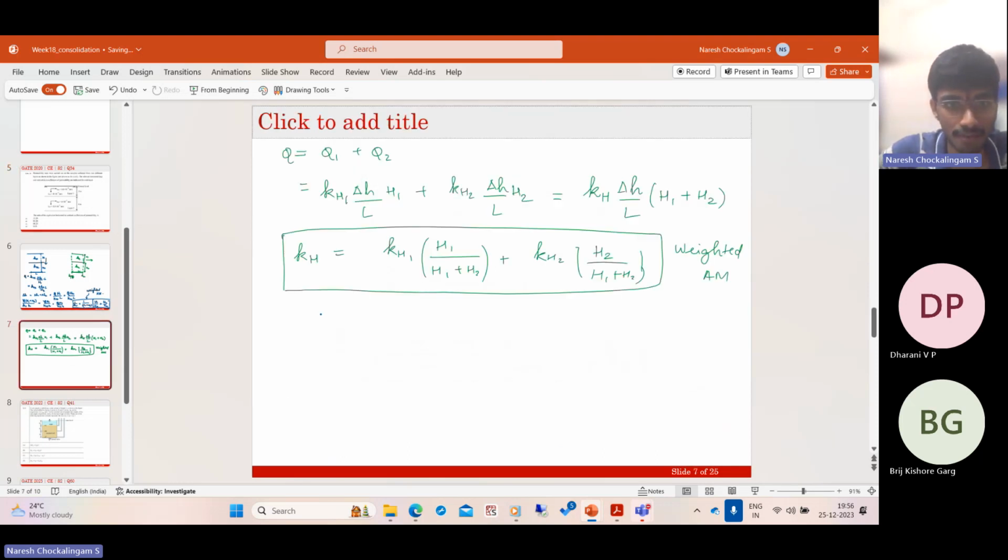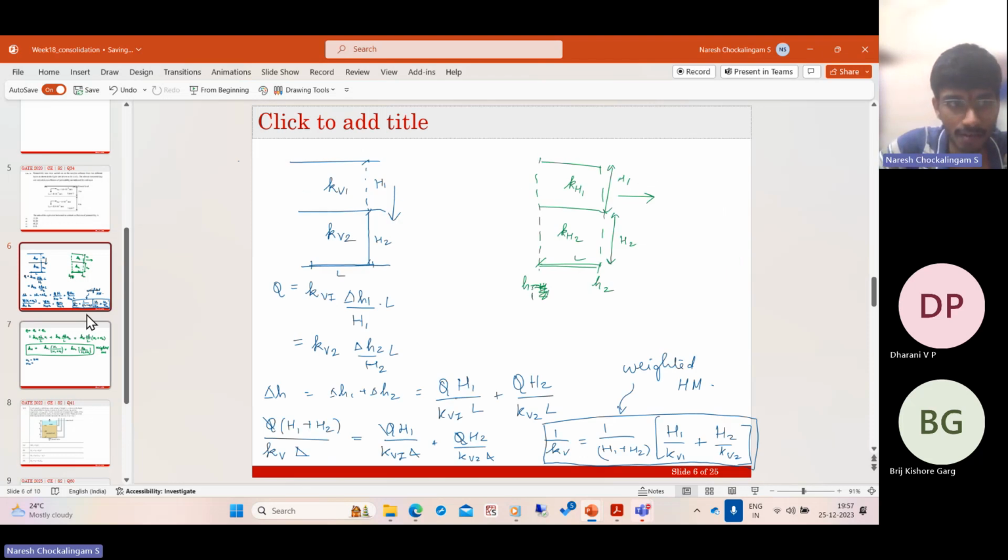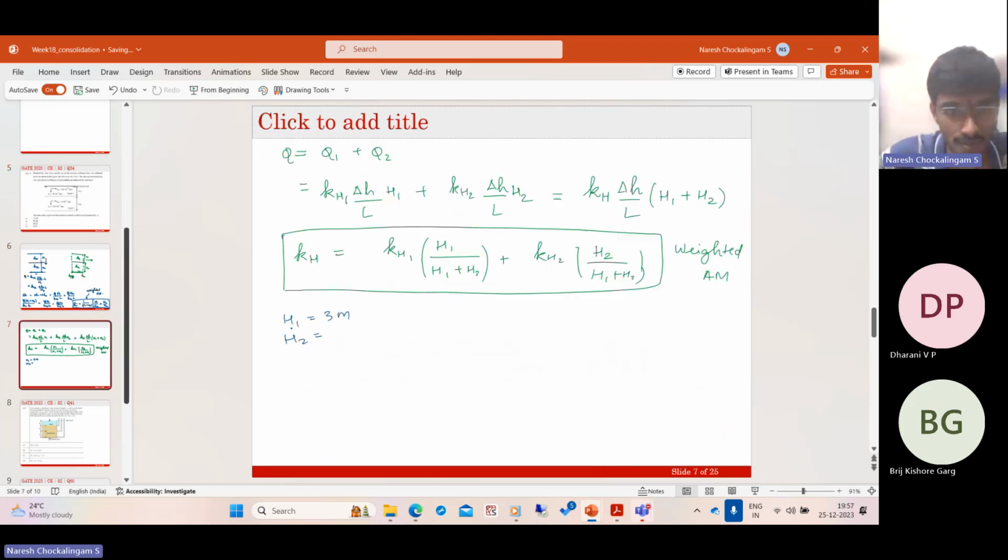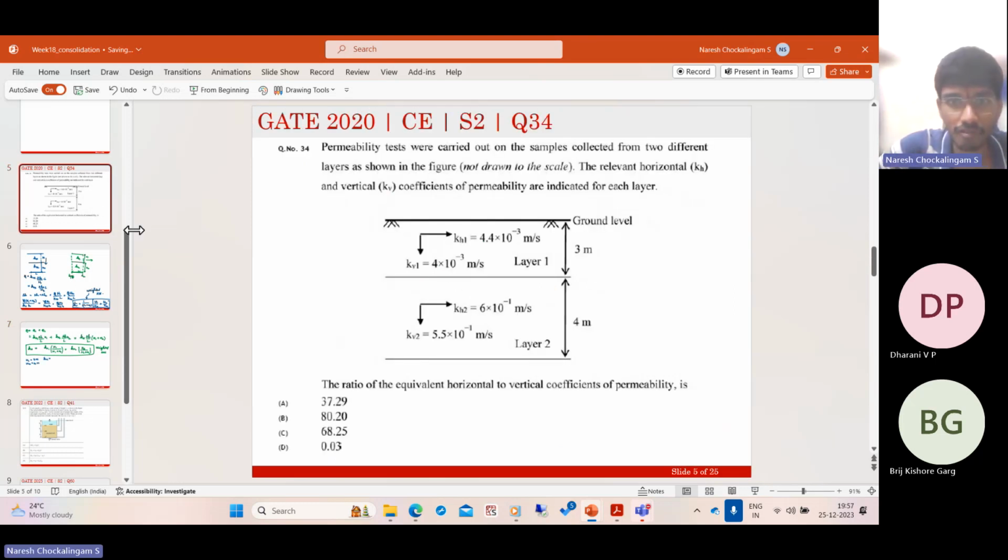So here H1 is equal to 3 meters, H2 is equal to 4 meters, and KH1 is equal to 4.4 into 10 power minus 3.